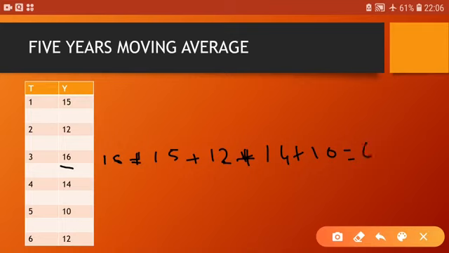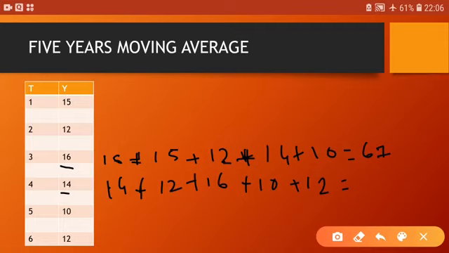It will be something like 67. Then in 14, what will you be doing? 14 itself, 2 up and 2 down, like this. So 14 plus 12 plus 16 plus 10 plus 12.